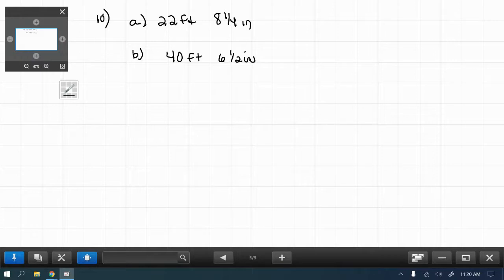So my conversion, I want to go ahead and bring down, make a little more room.